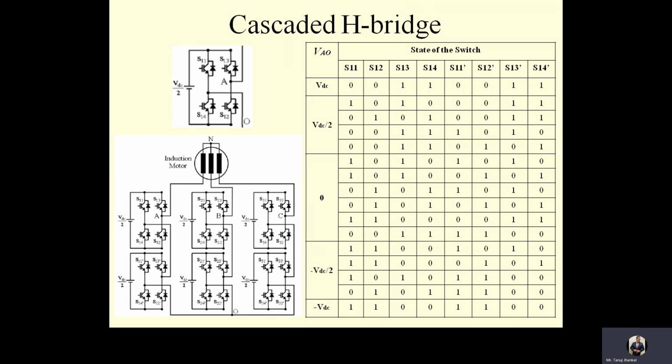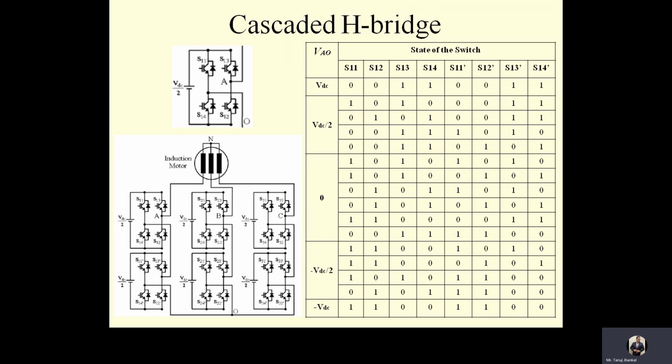And when S11 and S13, or S14 and S12, are turned on, the voltage level of the cell is 0. Thus, depending on the state of switching in the phase A inverter cells, the pole voltage of phase A can be either VDC, VDC by 2, 0, minus VDC by 2 or minus VDC. Thus, it forms a 5-level inverter structure.